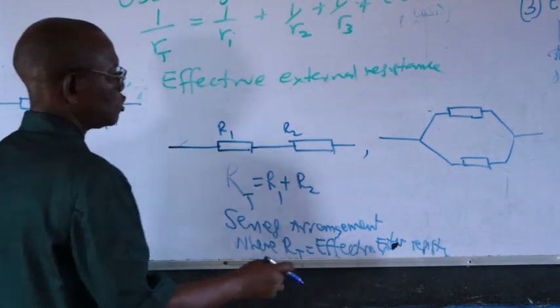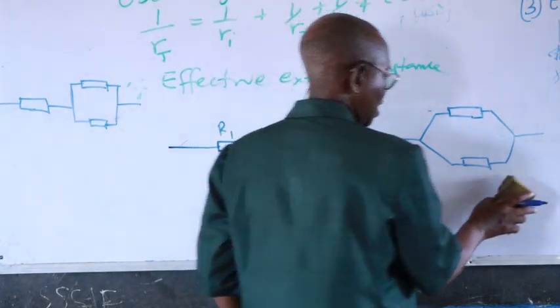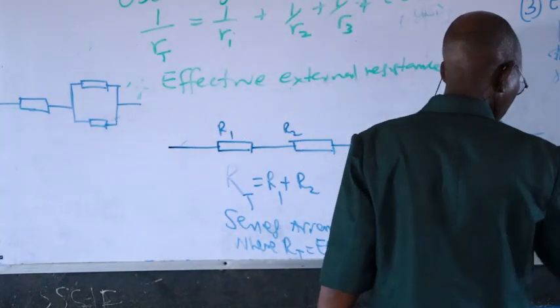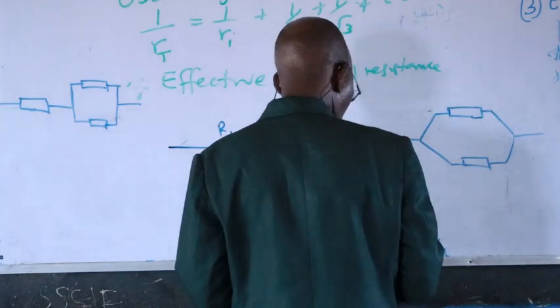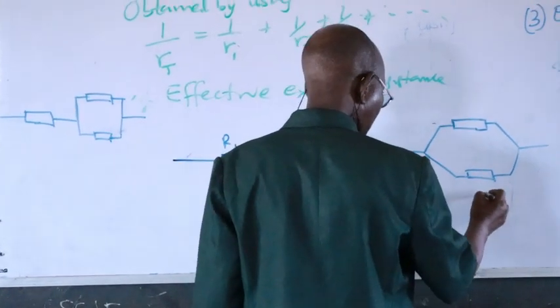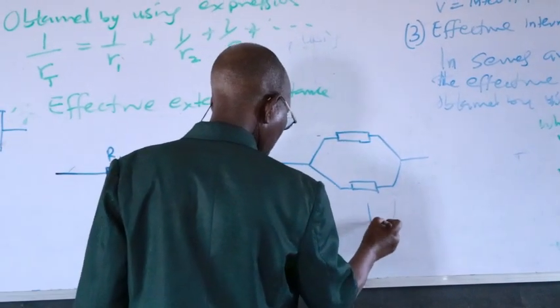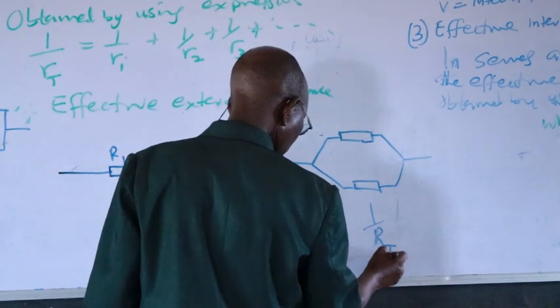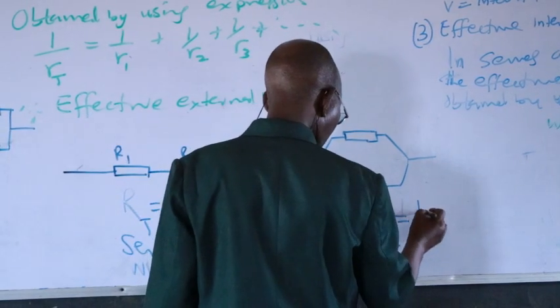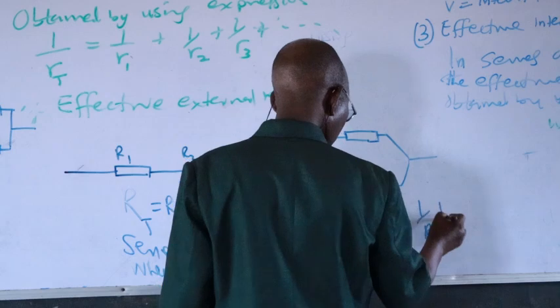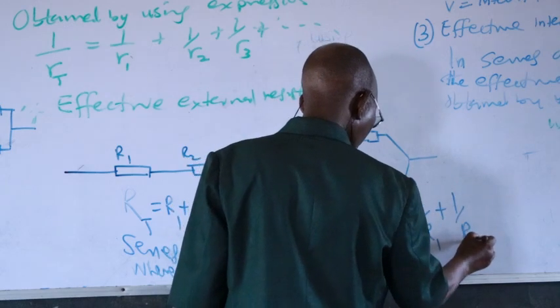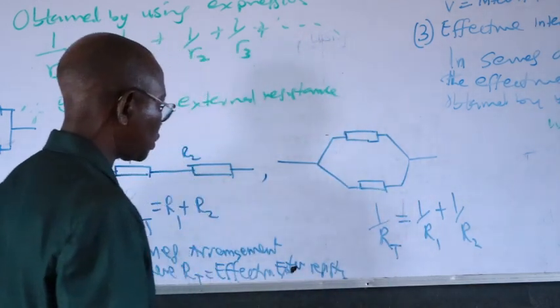But this is called parallel arrangement. So for parallel arrangement here, it's going to be 1 over R total equals 1 over R1 plus 1 over R2, because there are 2 of them.